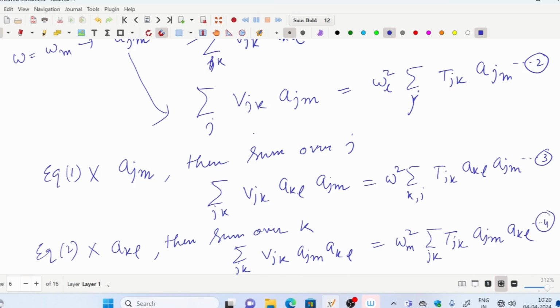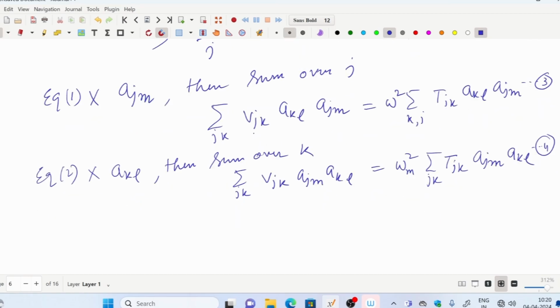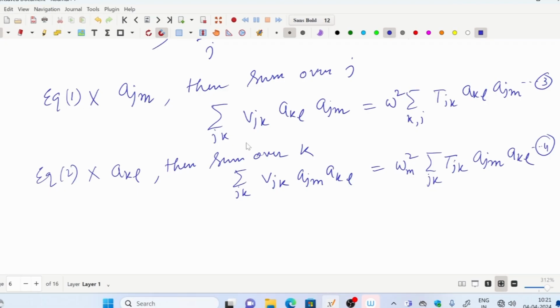So, we have done nothing, we just had two equations for omega L and omega m, and we have written them with some mathematical adjustment. The first equation we multiplied with A j m and then summed over j, the second equation we multiplied with A k L and then summed over k, and then we obtained equations 3 and 4. Okay.